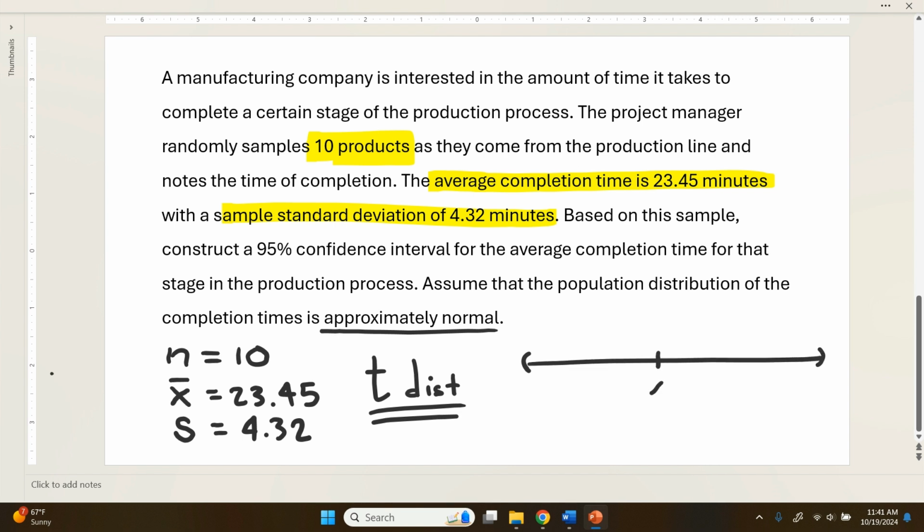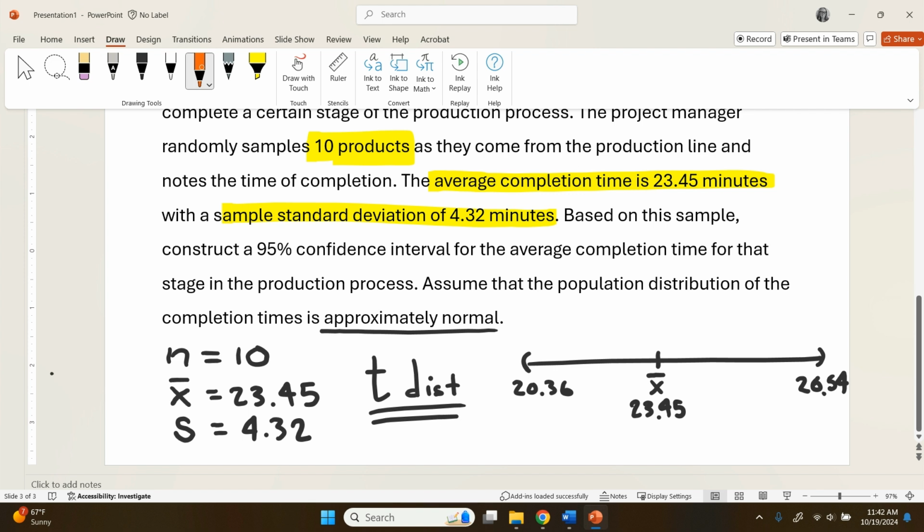So in the middle of this interval is what they observed when they collected their data, which is 23.45 minutes. Our upper confidence limit was 26.54, and our lower confidence limit was 20.36. And that is our 95% confidence interval.